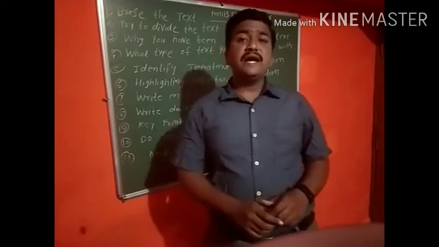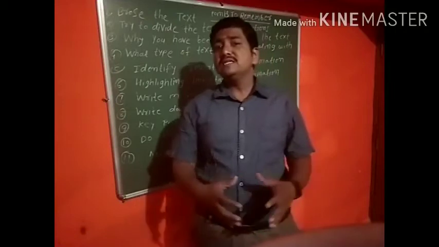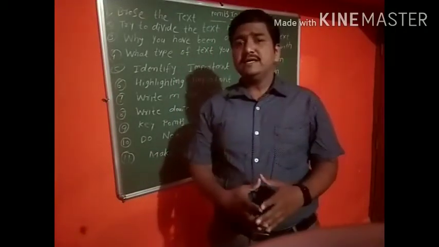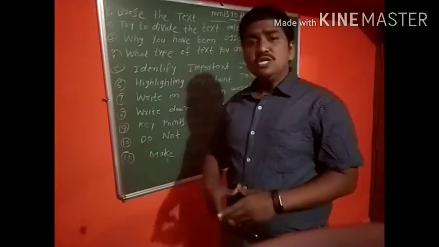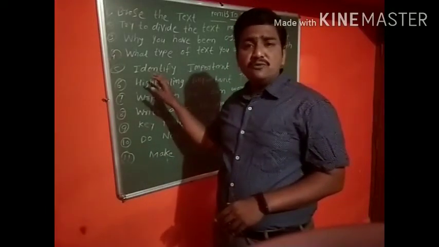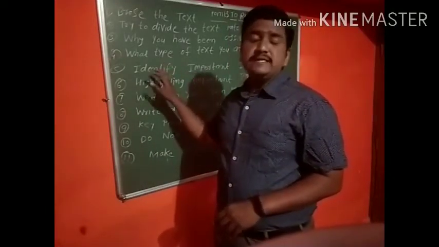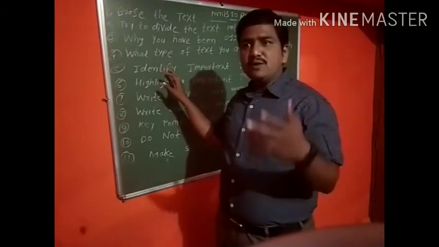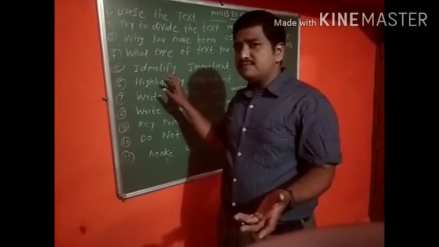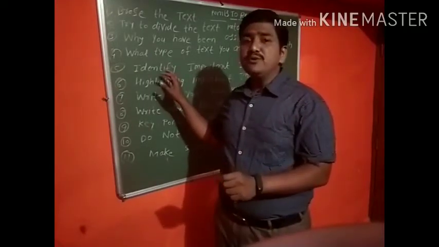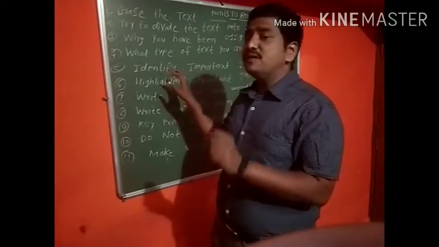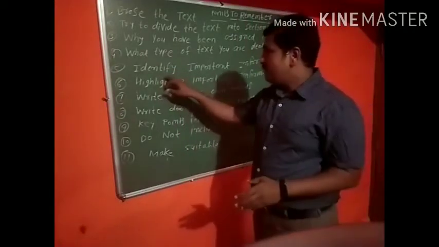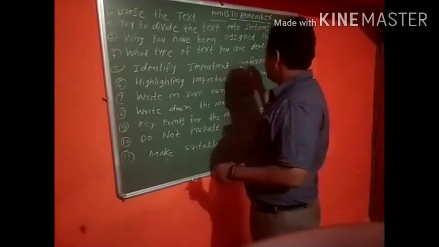Apart from that, you have to omit the extra part in the passage. So first of all you have to read the paragraph twice, three times, or more and more times if you really want to improve your summary writing. For that you have to identify the important information.